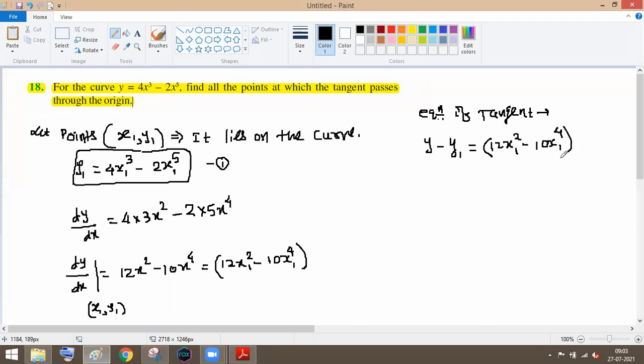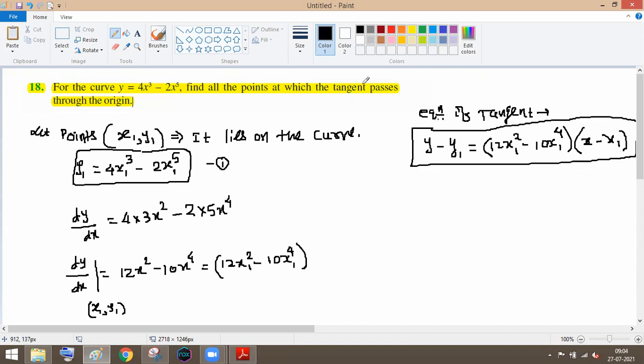Sir, you said that slope will never be a variable, it will be a number. But here there is a variable. No, child, look, I wrote x1, not x. Is there x or x1? X1, and it is a number. X1 is a number. It's not a variable. That's why here the slope is not variable. Slope is just a number. In the bracket, x minus x1. This is the equation of tangent.